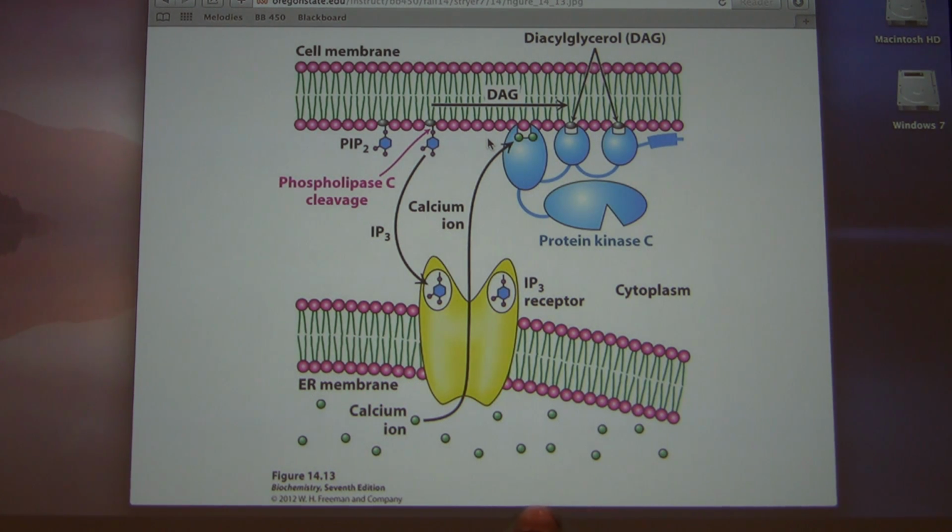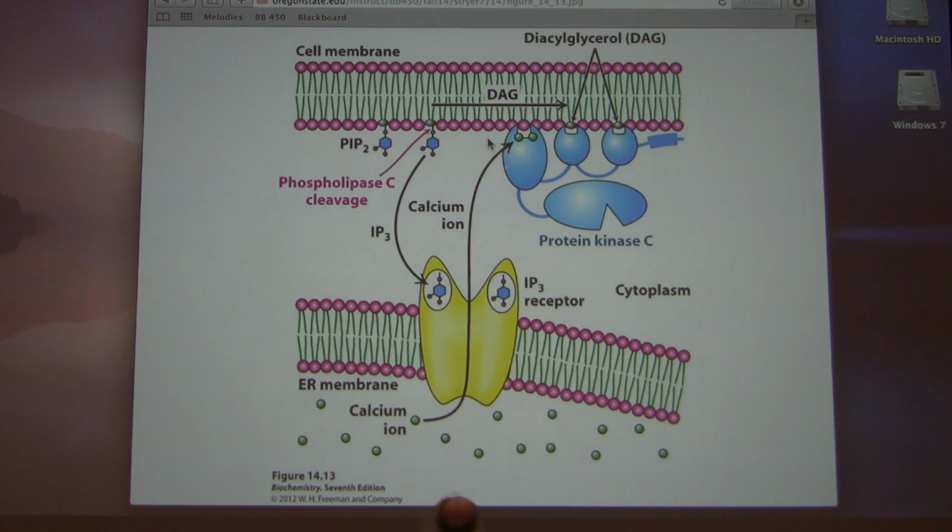So the calcium concentration inside the cytoplasm starts out pretty low. The cells are pumping calcium into the endoplasmic reticulum to keep the cytoplasmic concentration low. So when this signaling process comes along, it opens up the endoplasmic reticulum, calcium concentrations rise.